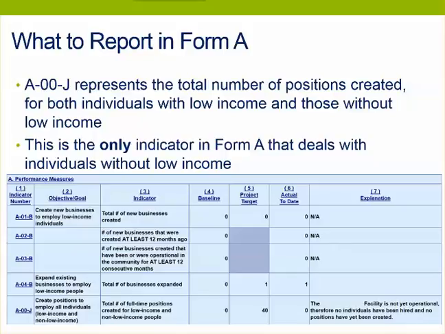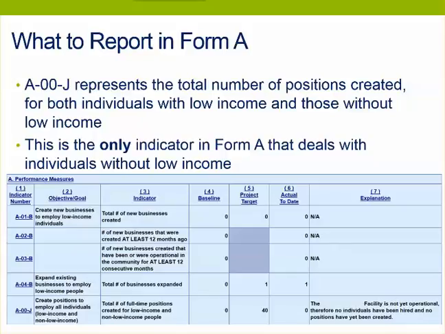So the data collection tool is specifically for Form A, so we'll talk now a little bit about what you report on in Form A. With one exception, Form A of the PPR only collects data for individuals with low income. The one exception is indicator A00J, which was added to the PPR in 2014.